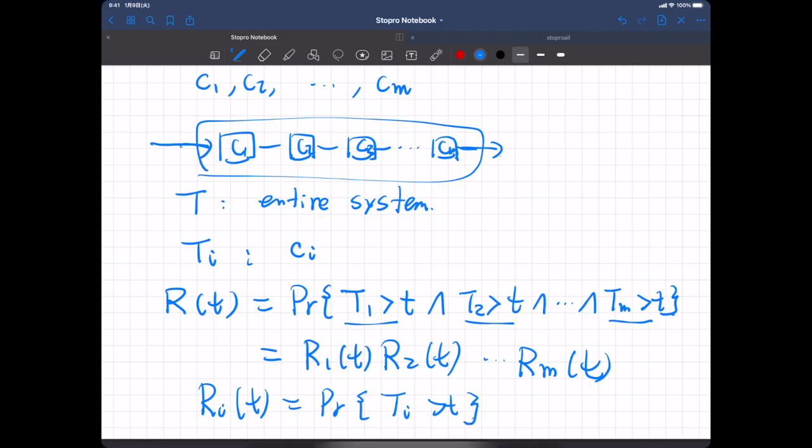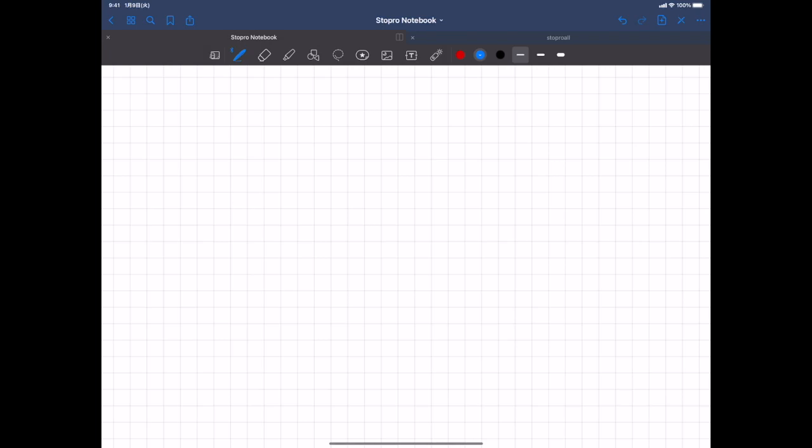So we can just split this joint probability into the product because of independence. This is simply a simplifying assumption. So after all, we have this reliability function as the product of m components.